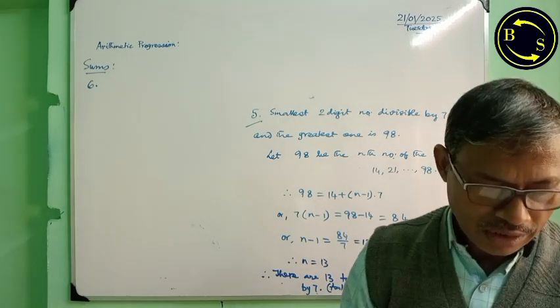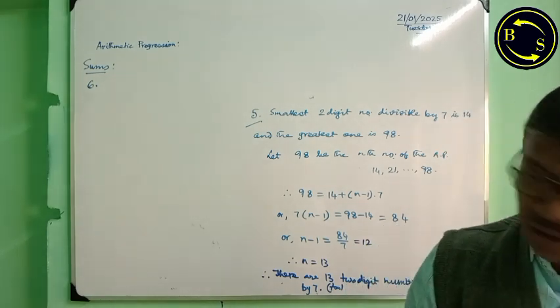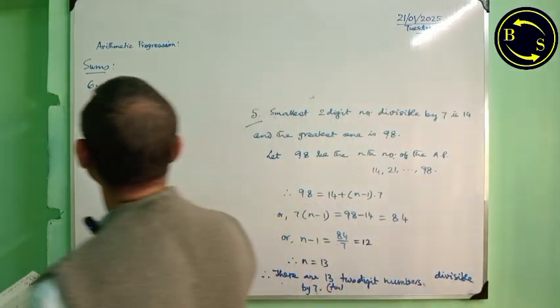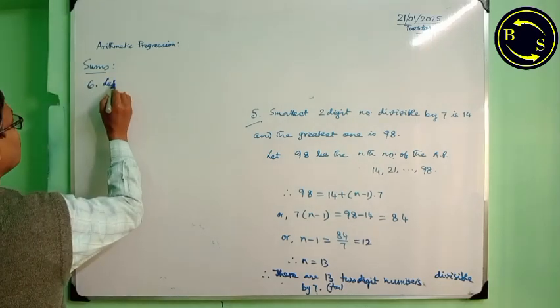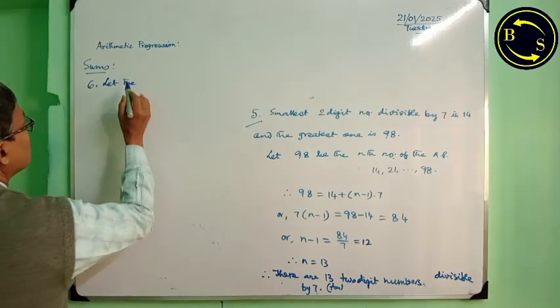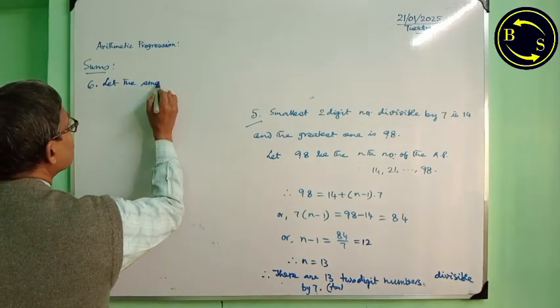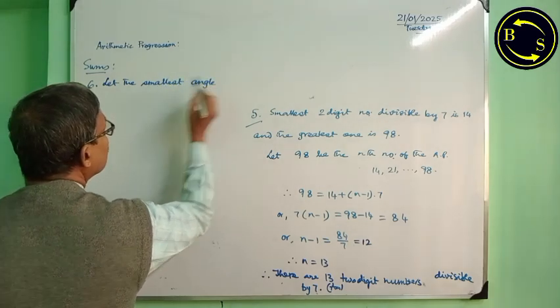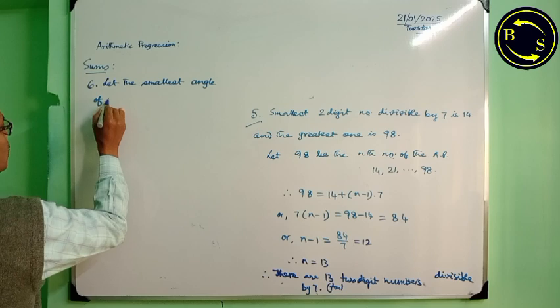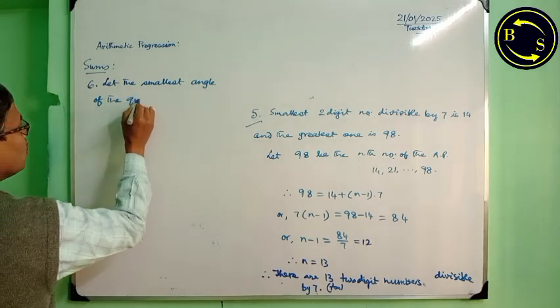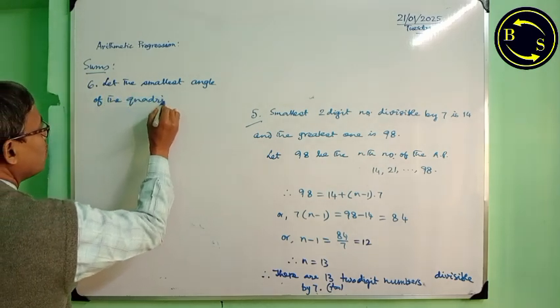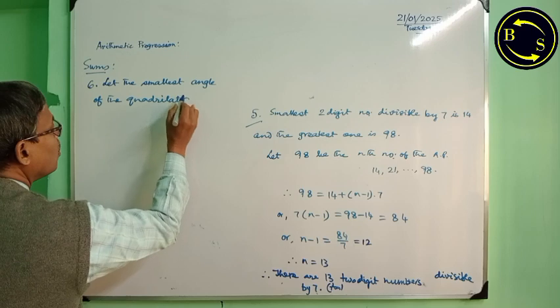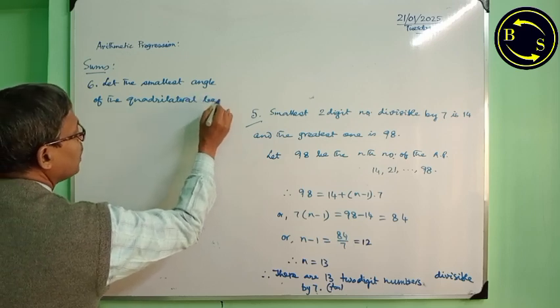Quadrilateral and common difference given. Let the smallest angle of the quadrilateral be x degree.